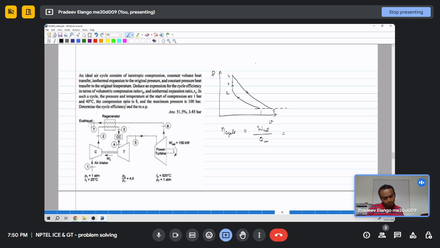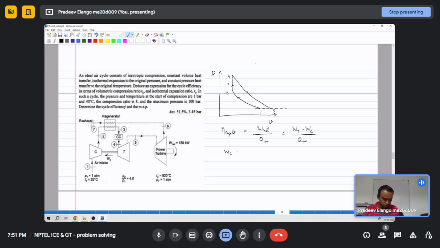Net work will be W turbine minus W compression, divided by Qin. Now we can calculate these things separately and then finally bring it here.